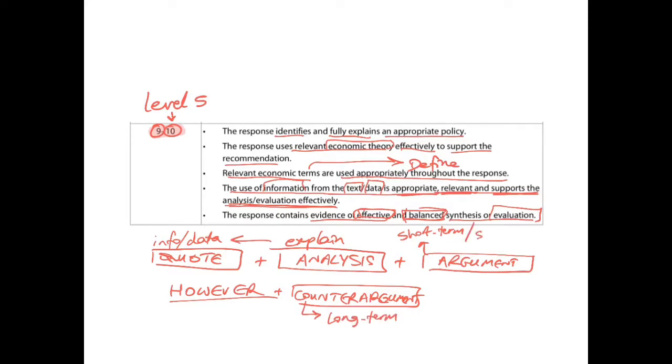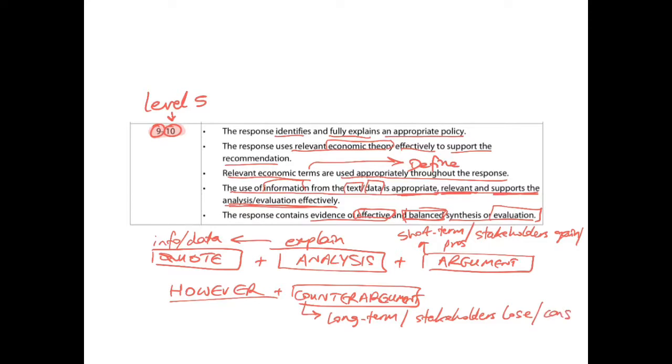If you're going to talk about the stakeholders that gain from this policy, you can balance it with the stakeholders that lose from this policy. If you're going to talk about the pros or the advantages of this policy, you can balance it with the cons.